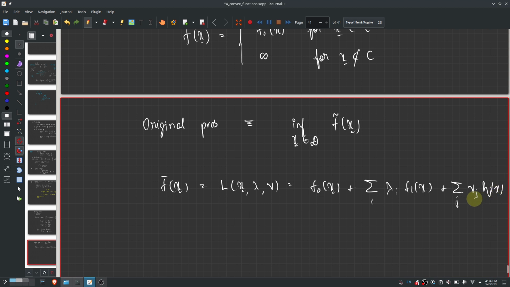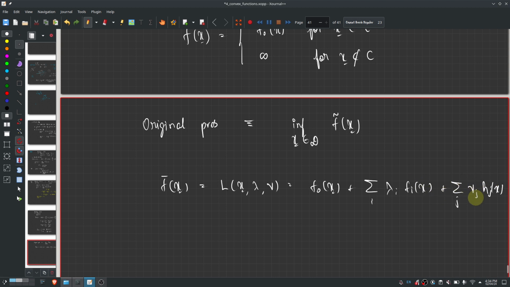So one way of viewing the Lagrangian is like the original problem with some regularizers, as they're called. You can think of these as penalties for not satisfying some of the constraints. It still doesn't give you any intuition as to why duality should hold, right?